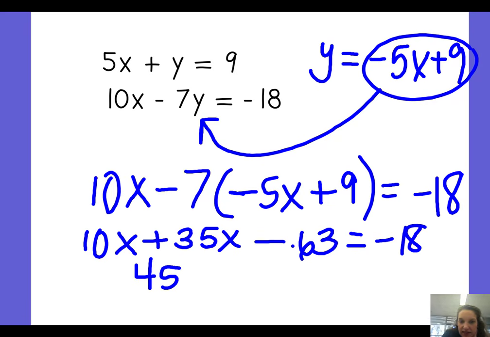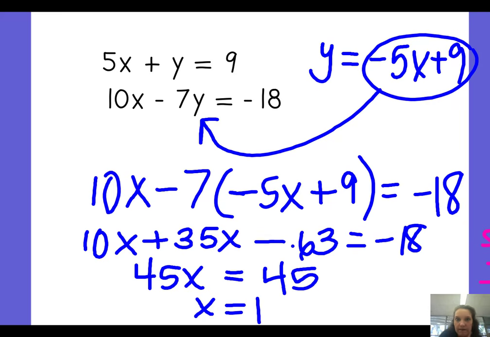So this gives me 45x, and if I add the 63, that's going to be 45. Divide by 45 on both sides, and x is 1.